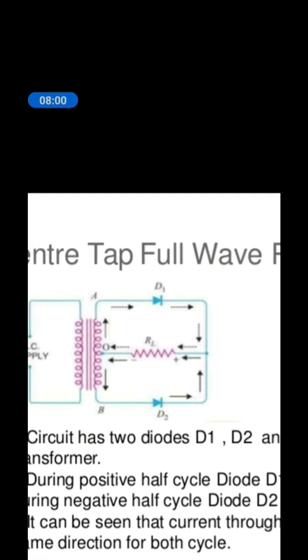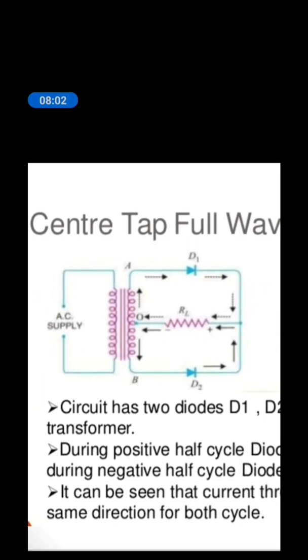Now in the circuit diagram, we can see that there are two diodes D1 and D2. When positive half cycle comes, then the P type semiconductor of D1 becomes positive and N type semiconductor of D1 becomes negative. So it will become forward biased and current flows through this diode and we get output across the load resistance RL.